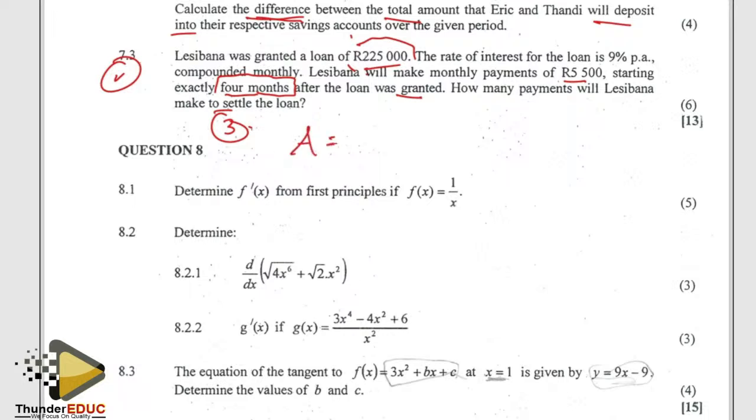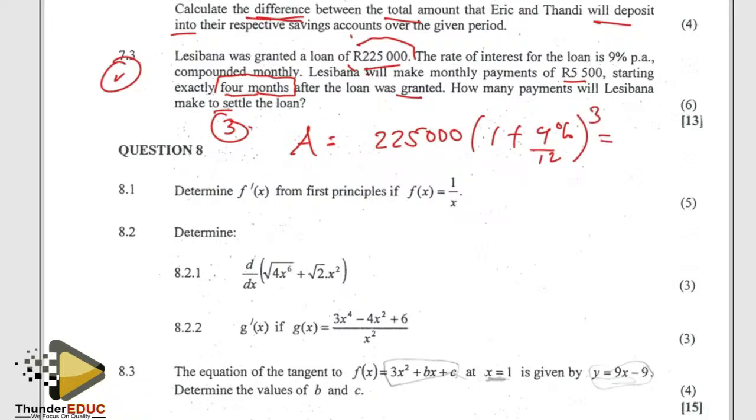Let's get the new amount now. That's 225,000 into 1 plus the I, which is 9%, compounding it monthly for just 3 months.